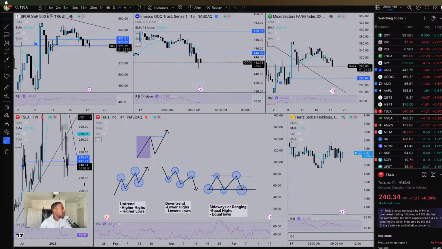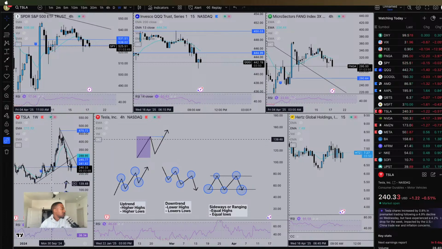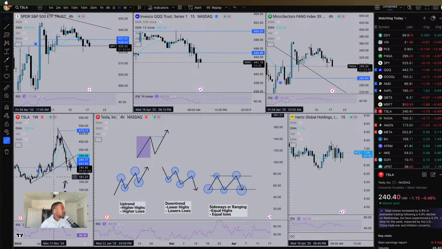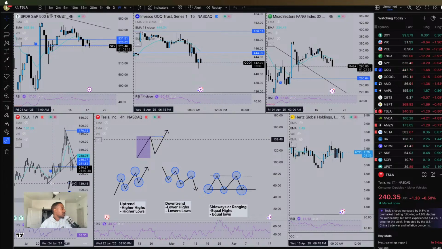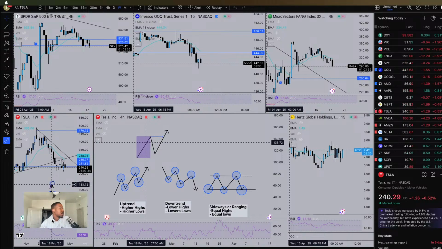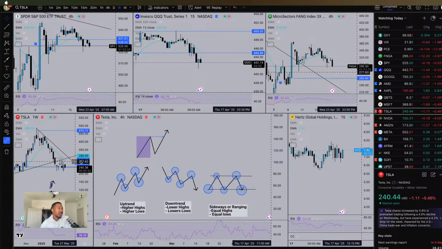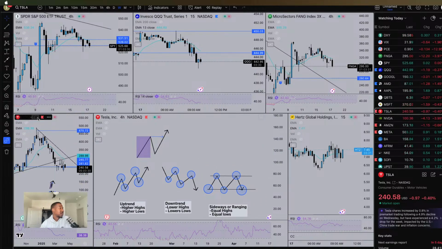Don't get me wrong, it can go cheaper, but it's still probably a good long term buy. Yeah, that's a really good buy level. The next level below that would be about 140, but as long as you have a long term outlook, you're going to do amazing.